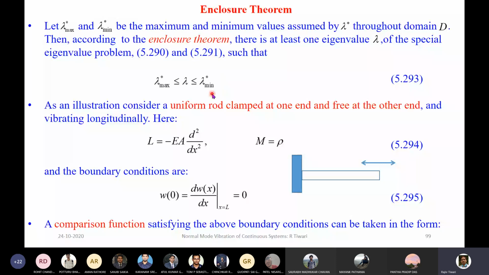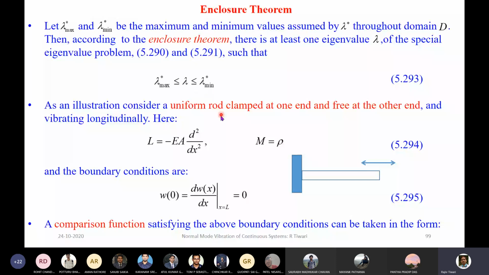It will enclose one of the natural frequencies or eigenvalues of the system. So the enclosure theorem we studied for the discrete system is exactly the same; only here we use the continuous system eigenvalue problem formulation. Now let us see this through one example.